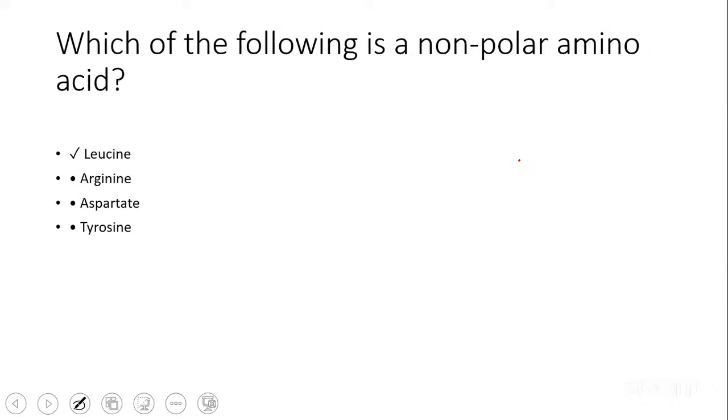So which of the following is a non-polar amino acid? Arginine is polar. Aspartate is polar. Thyroxine is semipolar, even though it's an aromatic amino acid.